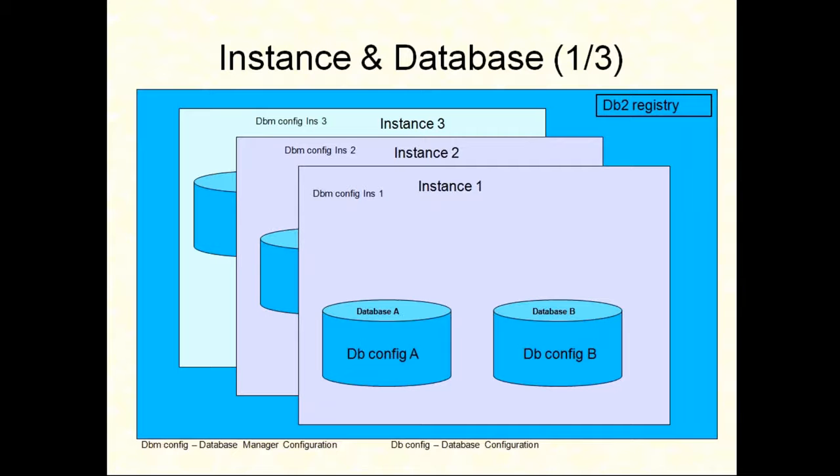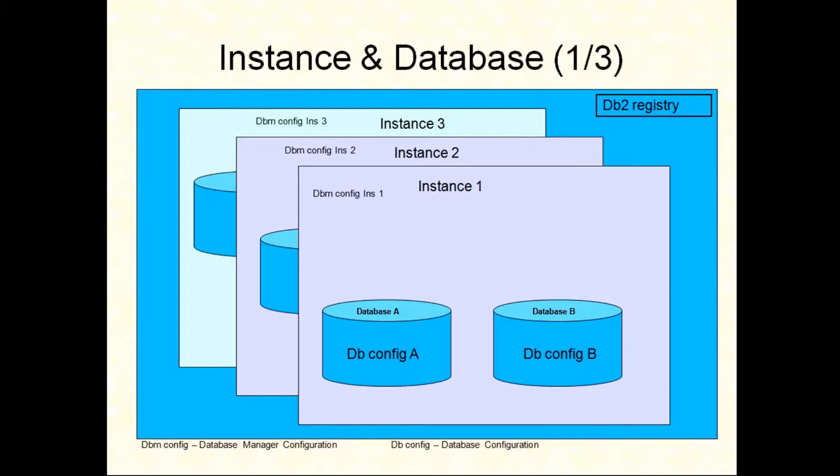Let's start with the very basics of DB2, that is the instance and database. An instance is basically an environment that DB2 provides for the database to be hosted. Let's talk about the instance first, because unless you have an instance, you won't have a database.